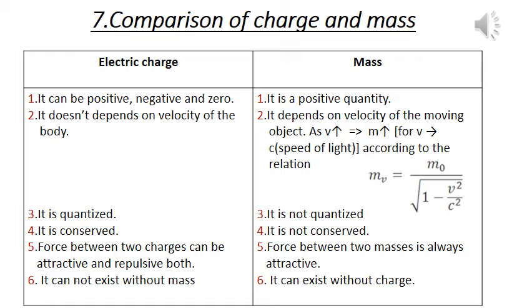In case when the velocity of the object is tending to speed of light, that is the velocity of the object is approaching 3 into 10 to the power 8 meter per second, the ratio will tend to the value 1. In that case, the denominator can have the value 0, and hence the mass of the moving object at velocity v will be infinite.